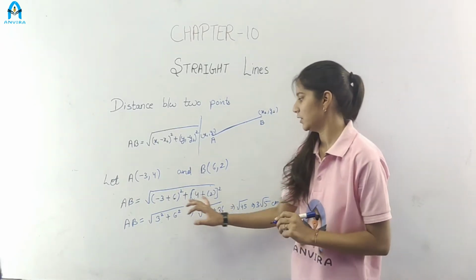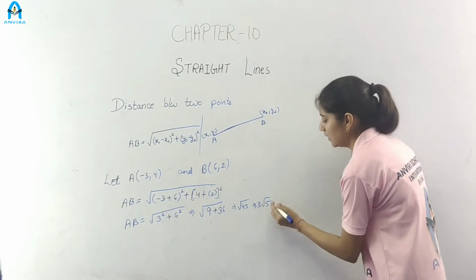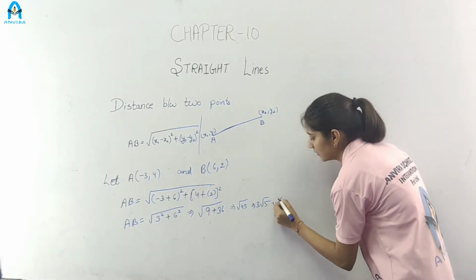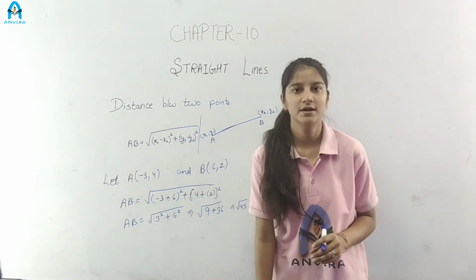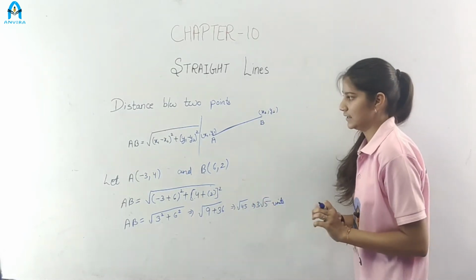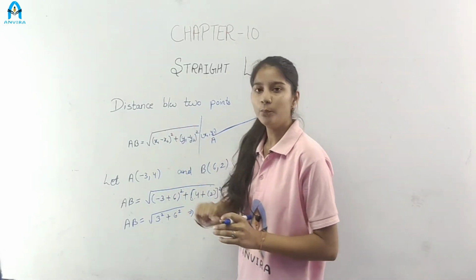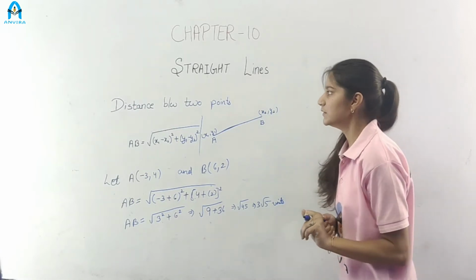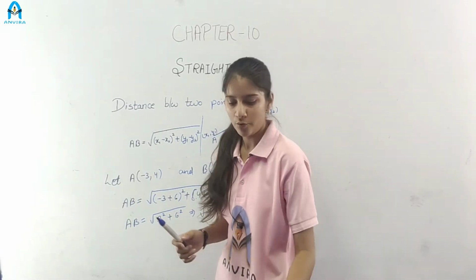If it is in units, it can be written in units, and if it is given in centimeters, you can write it as centimeters. So I hope you recall the distance between 2 points.